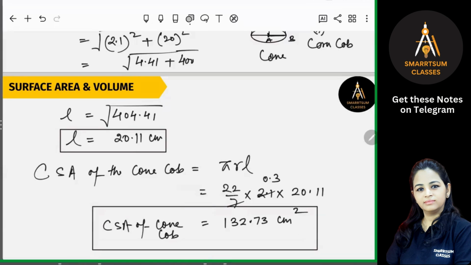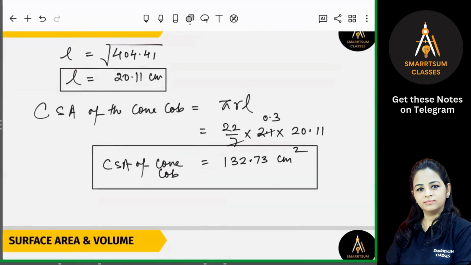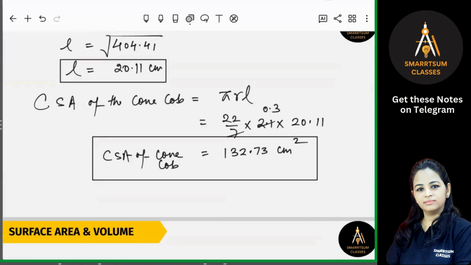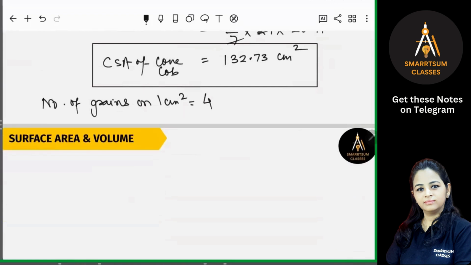Now, where are these grains actually present? It is present on the curved surface area. ठीक है? Cone उस कॉप के curved surface area पे तो लगे हुए हैं वो सारे grains, right? So that means, because it is given in the question that the number of grains on 1 centimeter square, 1 centimeter square पे कितने grains हैं? 4 grains हैं, right? So the number of grains on 1 centimeter square is 4.